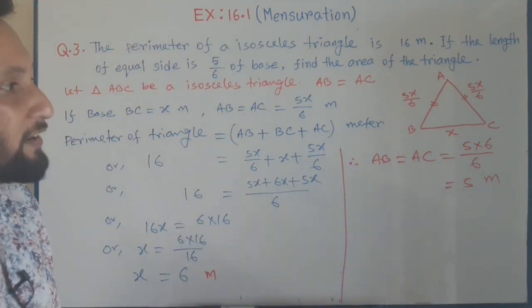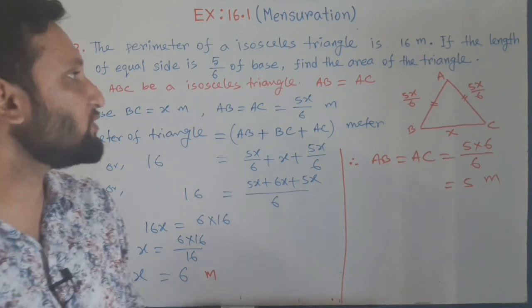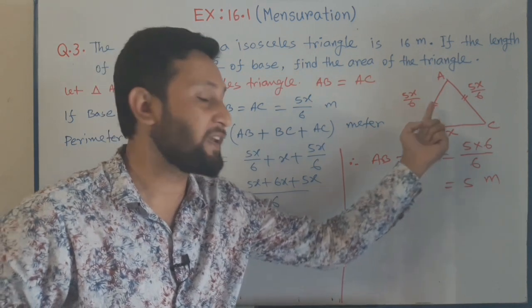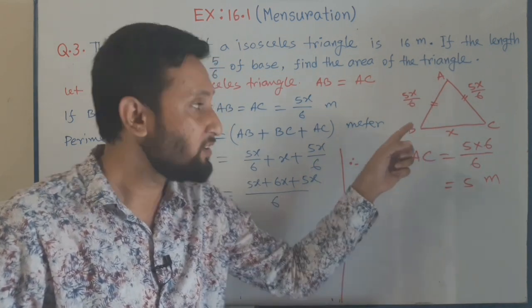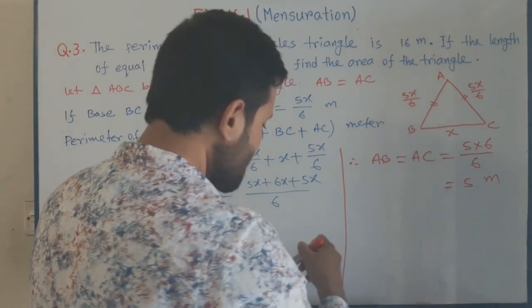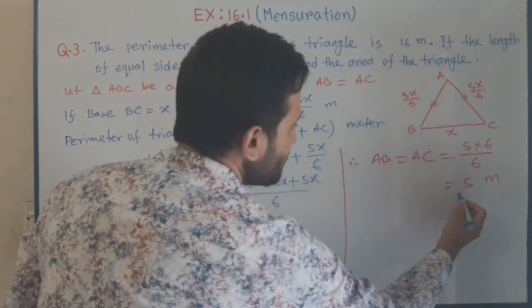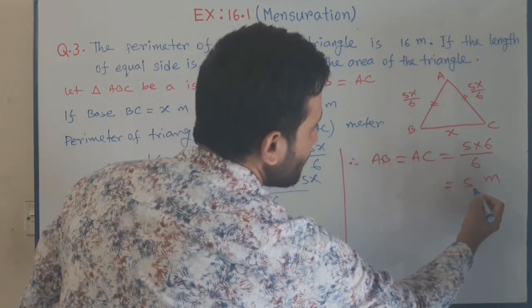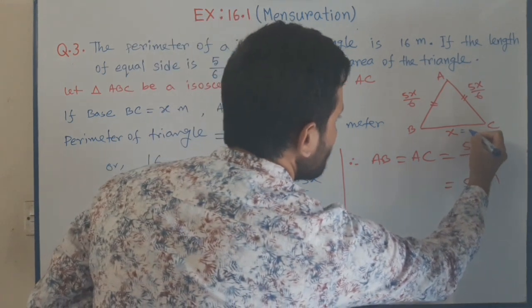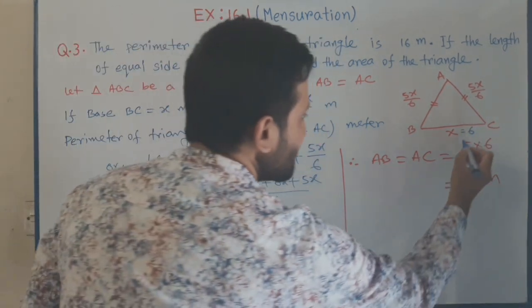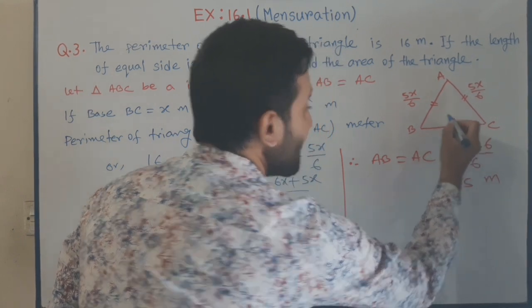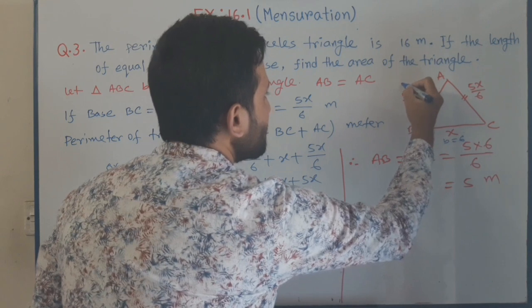Now we can easily find the area of this triangle, because according to the question we have to find the area. This is an isosceles triangle. The base x is 6, so this is 6 meter, and in an isosceles triangle, base b equals 6 meter and equal side a equals 5 meter.